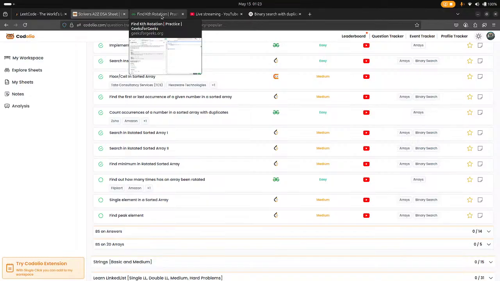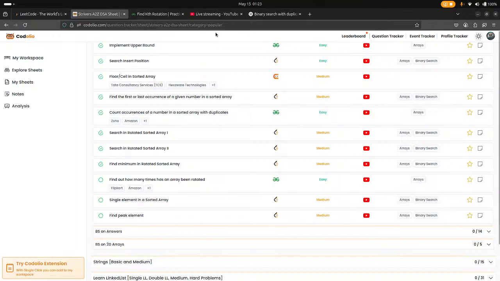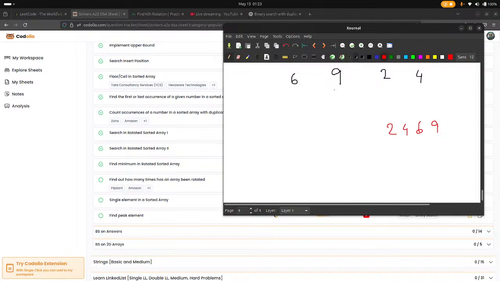Makes sense, but I don't really feel that here I have to use 2, 4, 6, 9, right? So generally, if I do a binary search over here, so let me do a binary search over here.